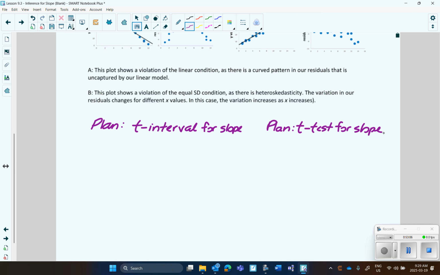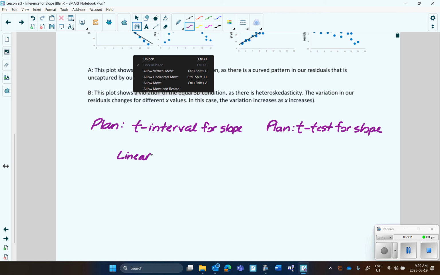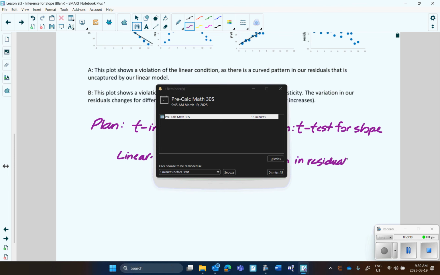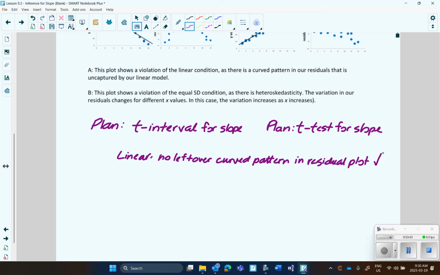Conditions I'll put for both. So linear: no leftover curve pattern in the residual plot. So that means linear is met.